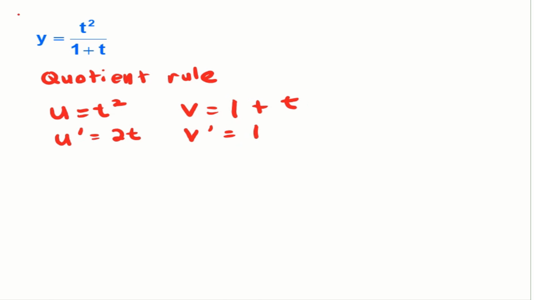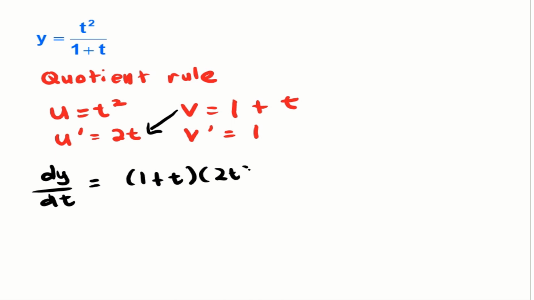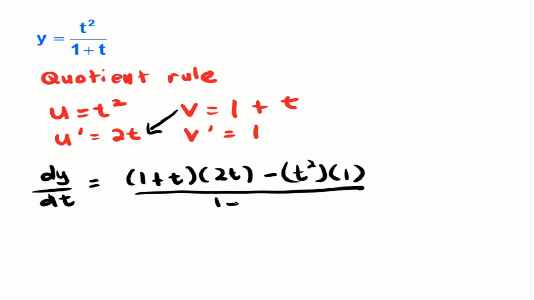Then for dy/dt, we apply the quotient rule formula, which is vu prime, 1 plus t multiplied by 2t, minus uv prime, t squared multiplied by 1, over (1 plus t) squared.